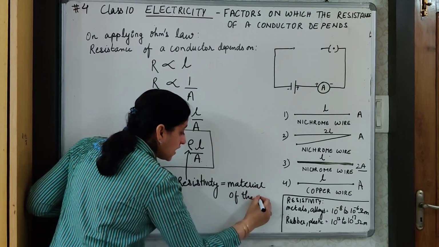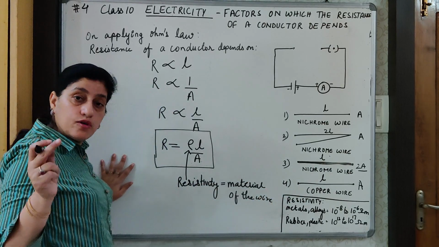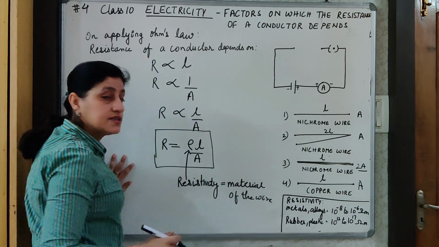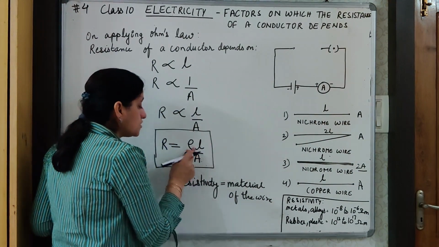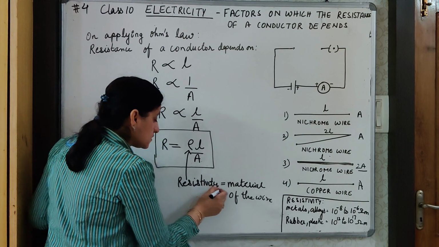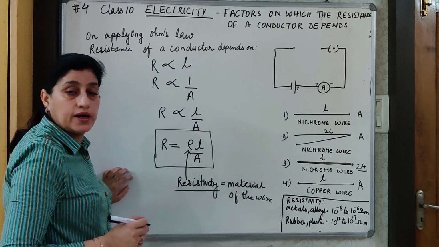You remember in the last case, we changed the material and we observed a change even when the length and the area were same. So when these two were constant, then also a change was observed, and that term is resistivity, which is based on the material of the wire.